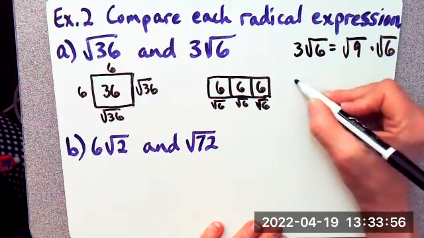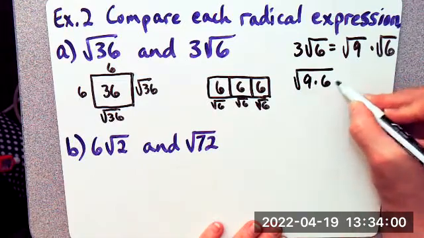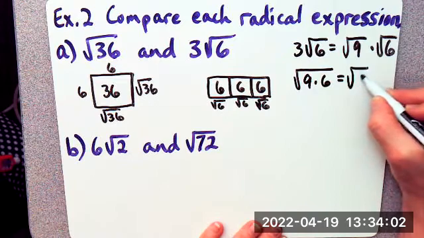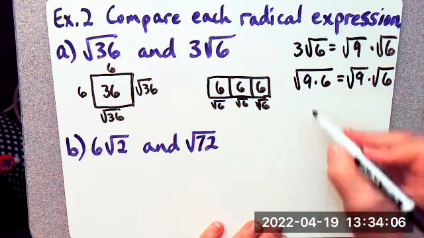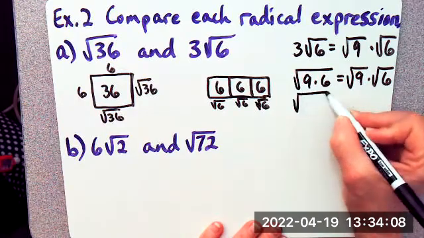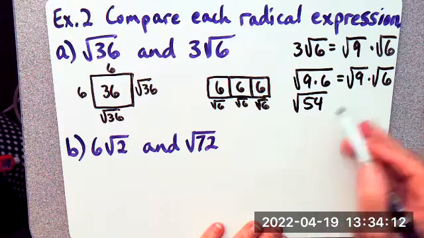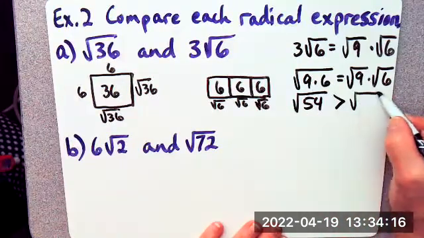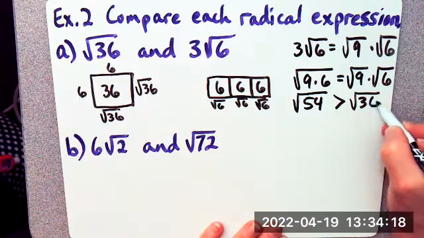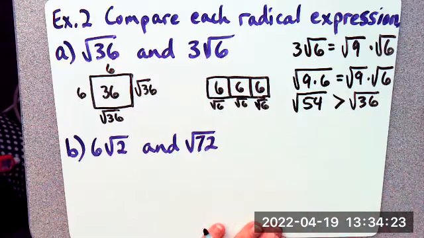Then using the fact that the square root of 9 times the square root of 6 equals the square root of 9 times 6, now I can say that's the square root of 54. So the square root of 54 must be bigger than the square root of 36, because that's a larger number there. So that's another way to compare this.